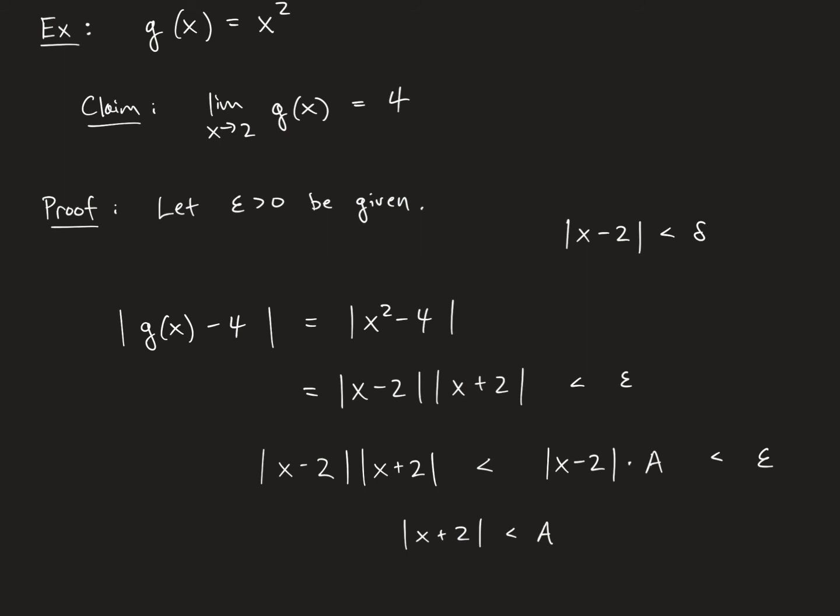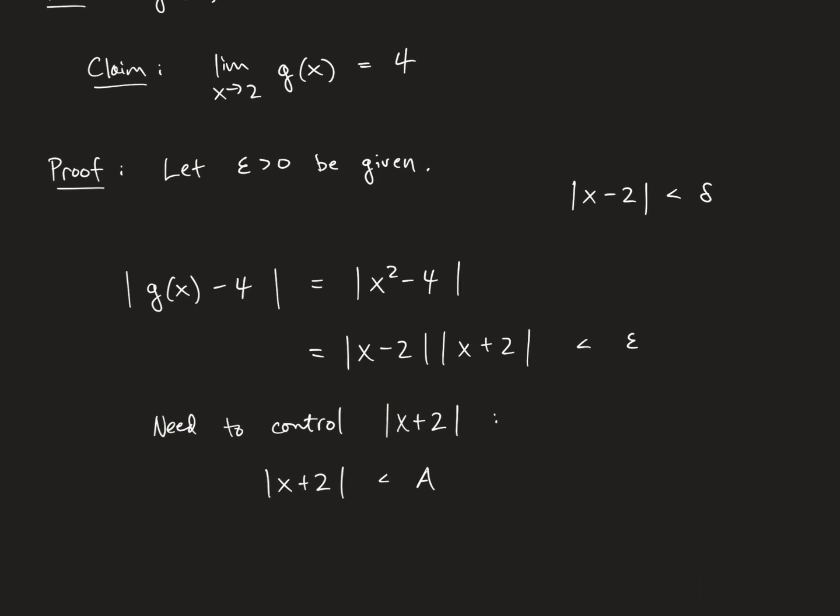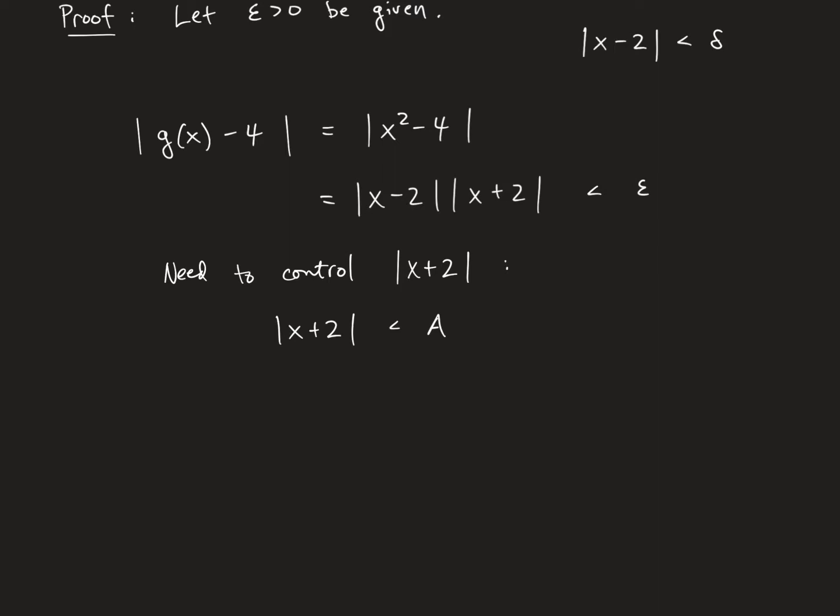To summarize, we need to control the absolute value of x plus 2. We want to say that the absolute value of x plus 2 is less than a. Our interpretation is that the absolute value of x plus 2 is just the distance between x and negative 2.